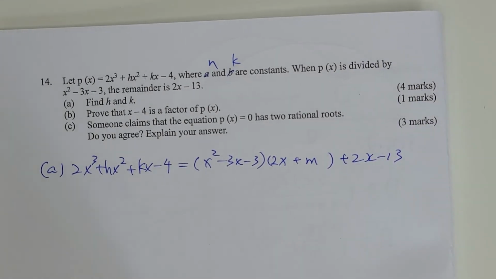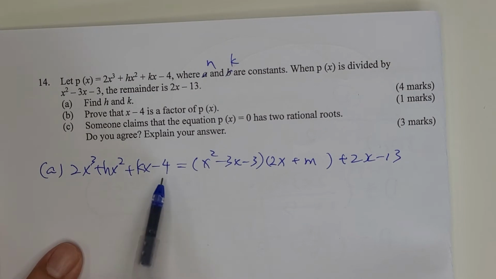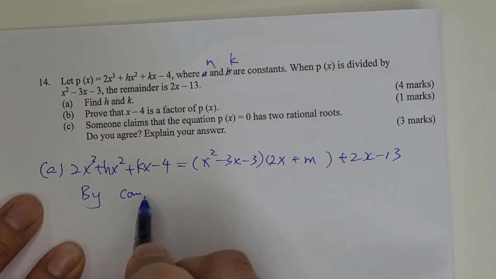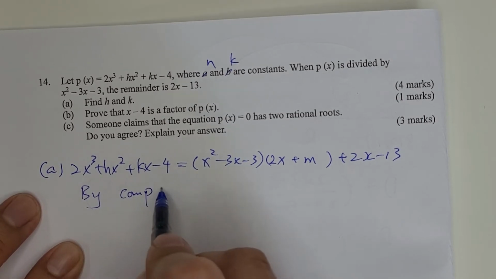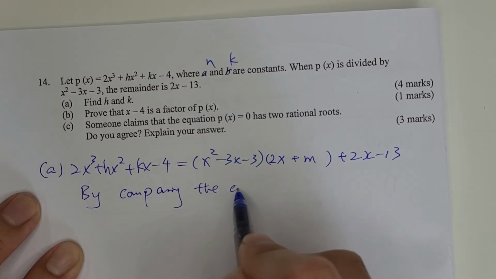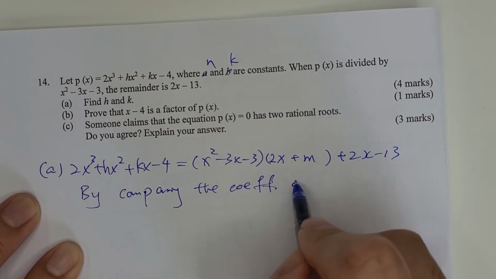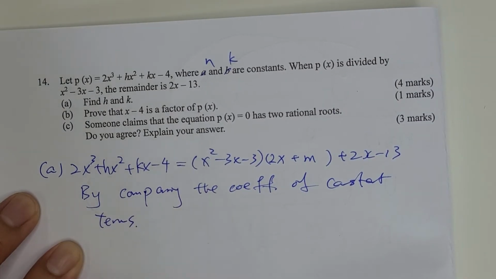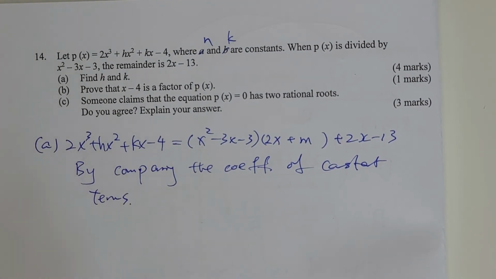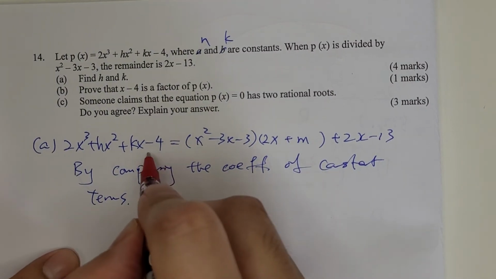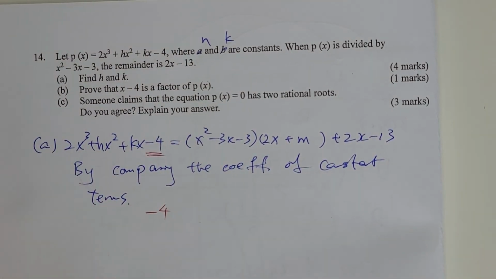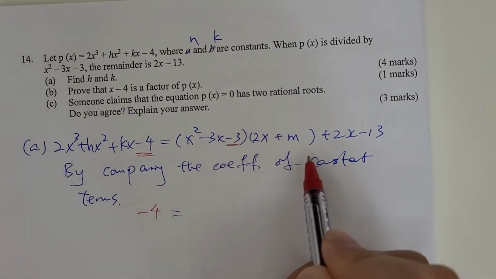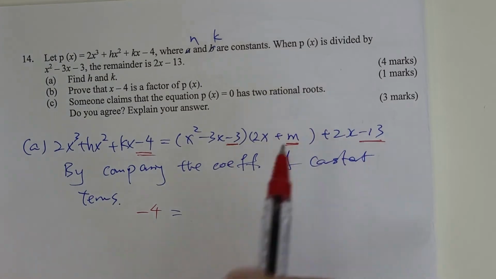Of course, you can compare the coefficient of the constant term. How do we get the constant term? Left hand side, -4. Right hand side, -3 times m minus 13.